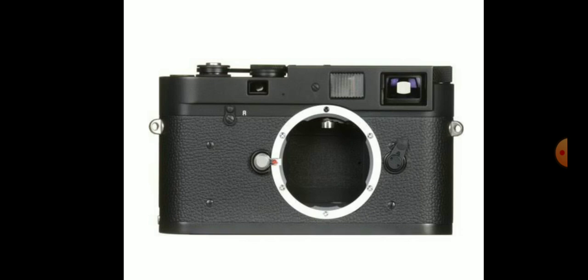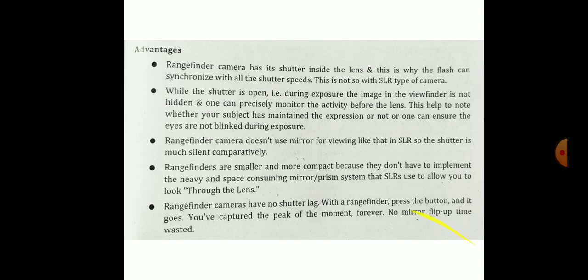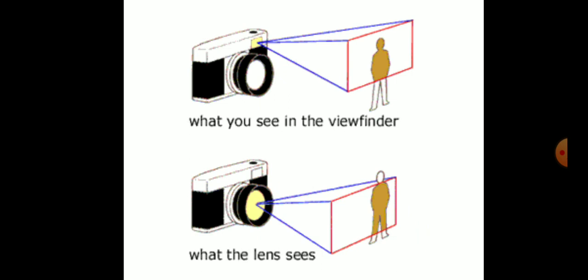So basically what they want to say is that the rangefinder camera has a parallax error. Okay, so I want to explain what a parallax error is. You can see over here in this image, whatever we are observing is through the pinhole, and what the lens sees is in the center of the camera. So what you see in the viewfinder and what the lens sees is somewhat different.